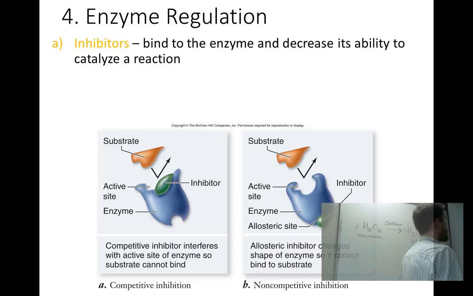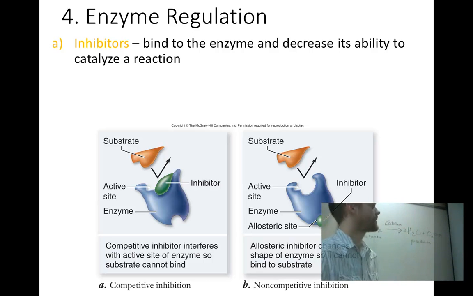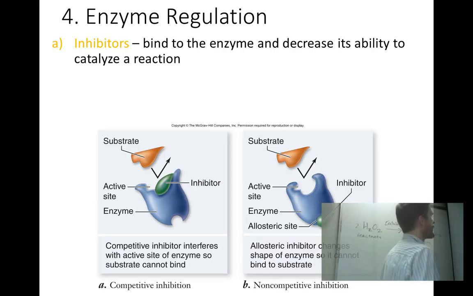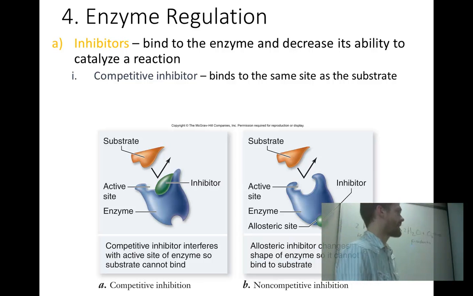So other things can also bind to an enzyme. This may affect the effectiveness of your enzyme, including an inhibitor, which will decrease its ability to catalyze a reaction. You can have a competitive inhibitor, which will bind to the same site as the substrate.